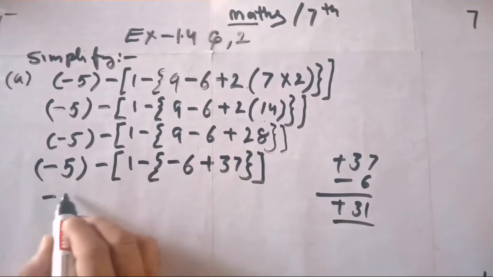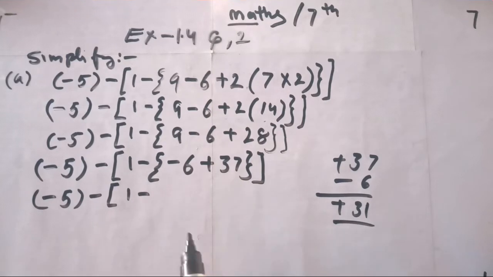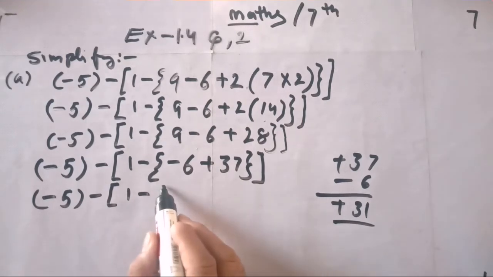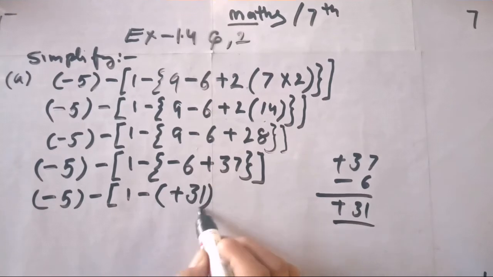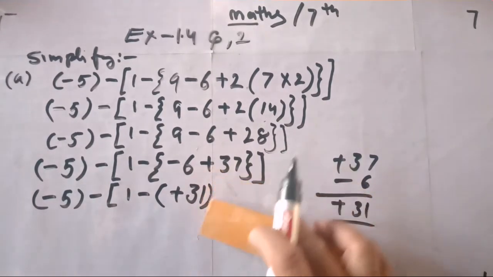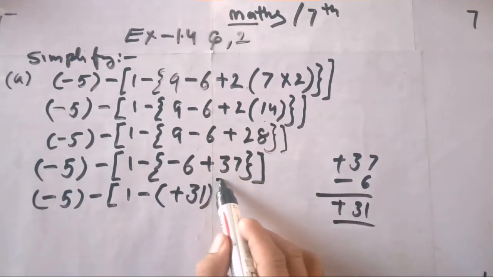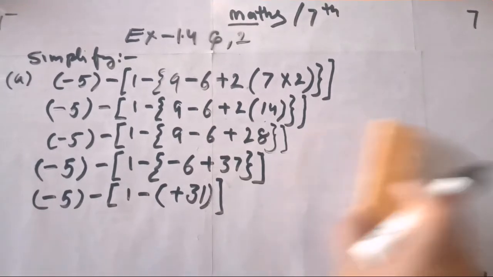So minus 5 as it is, minus square bracket 1 minus, under the bracket we have only plus 31. You can make the small bracket and then square bracket, right beta? You can take any bracket, curly bracket or small bracket, but you need to apply the bracket.